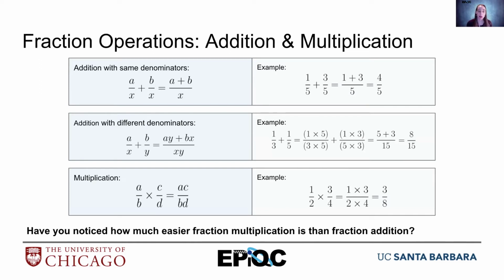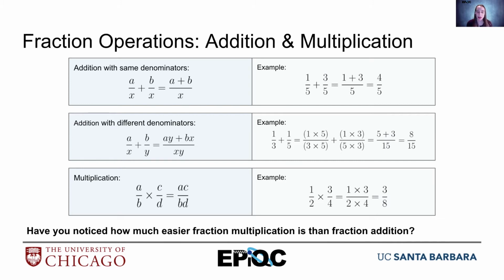When we're adding with different denominators, we have to first multiply the 2 denominators together if there's no greatest common factor. And then we multiply the opposite. We do ay plus bx. All of this just seems counterintuitive until you look at the full drawn out example and you understand why. And then for multiplication, we just straight multiply the top 2 and multiply the bottom 2.